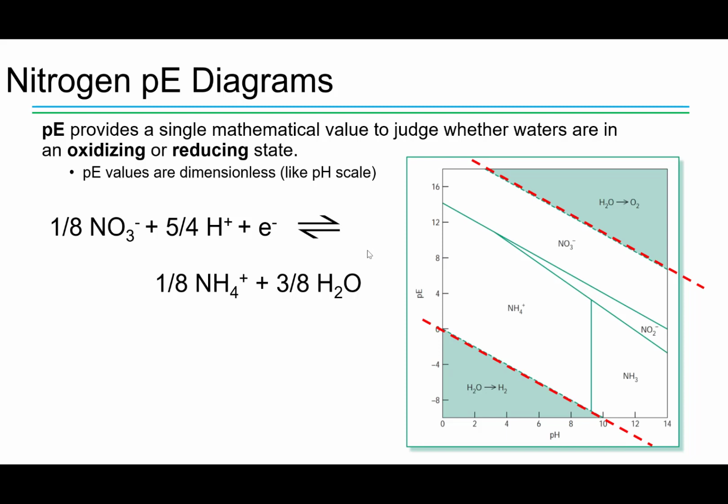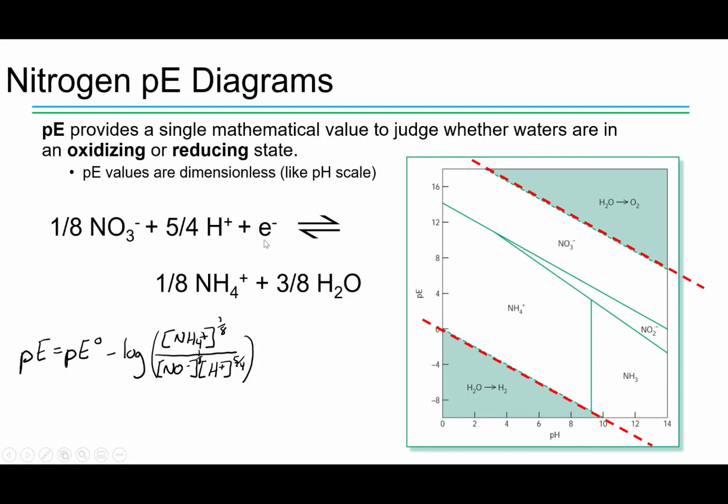We can derive the pE-pH expression that describes the reduction of nitrate to ammonium by remembering that the basic form will follow the Nernst equation, and that the pE, the electron activity under non-standard conditions, is equal to pE0, the electron activity under standard conditions, minus the log of the reaction quotient Q. So we're going to have products on top, reactants on the bottom, everything raised to their stoichiometric coefficients.